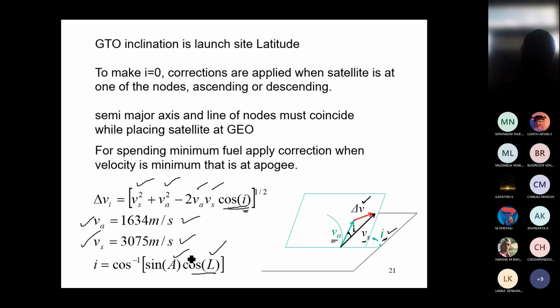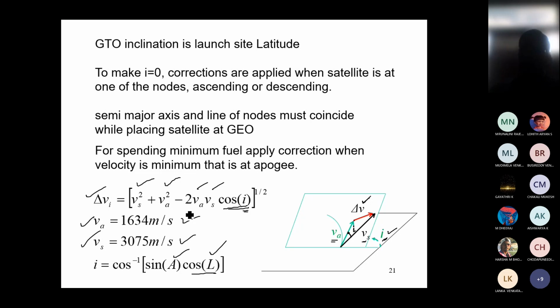When we want the satellite to launch at a certain orbit from the launching site, how much is the azimuthal angle the satellite will make from the northward direction? So these two values will be known. So we can find out the inclination angle. So using this inclination angle, we can find out the correction vector, that is del V.